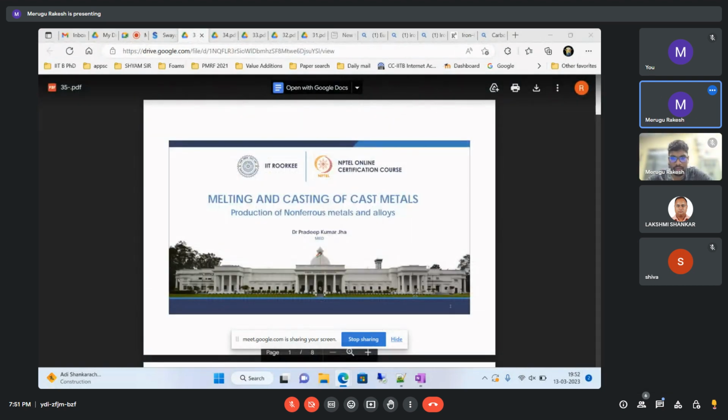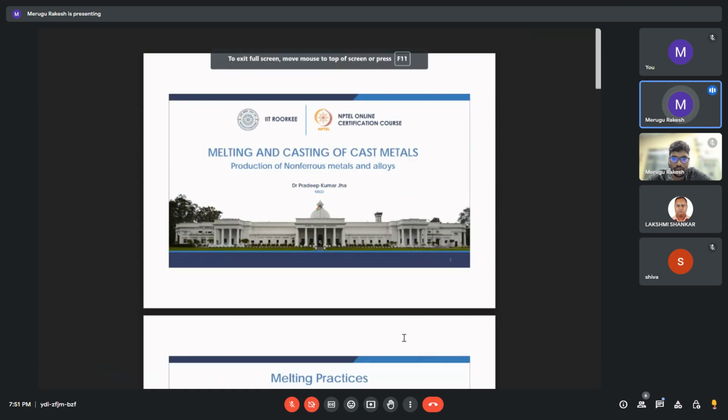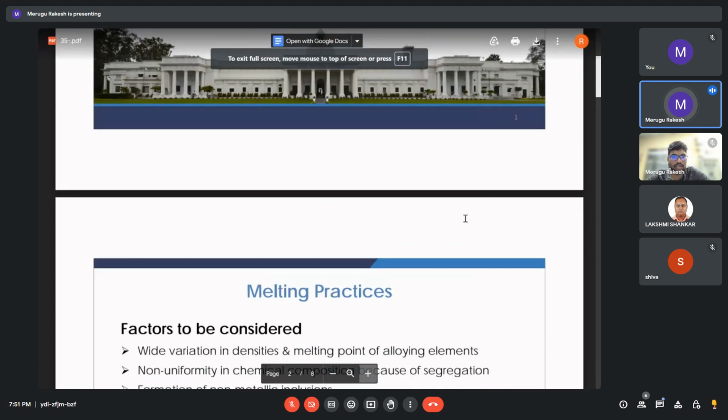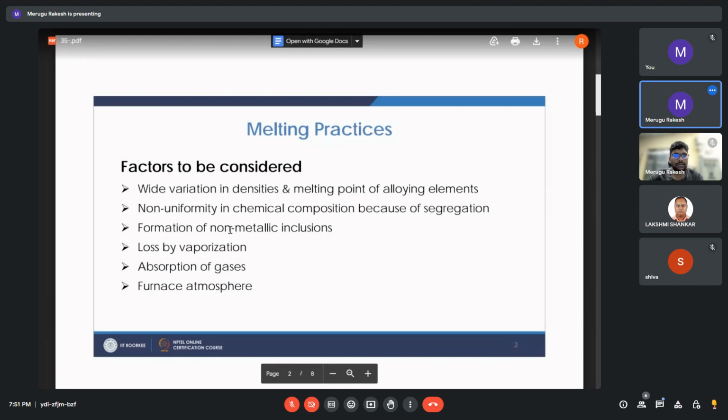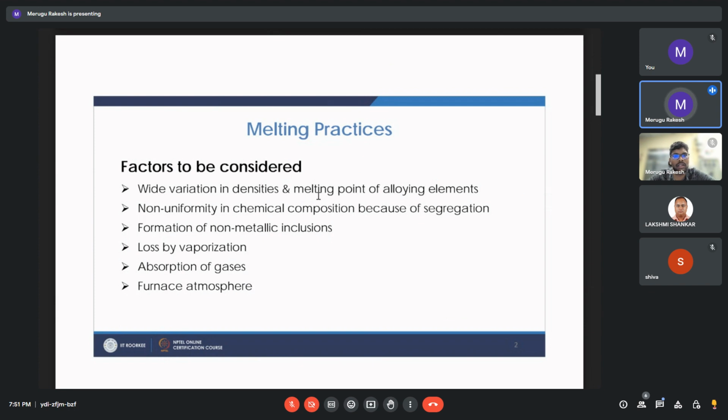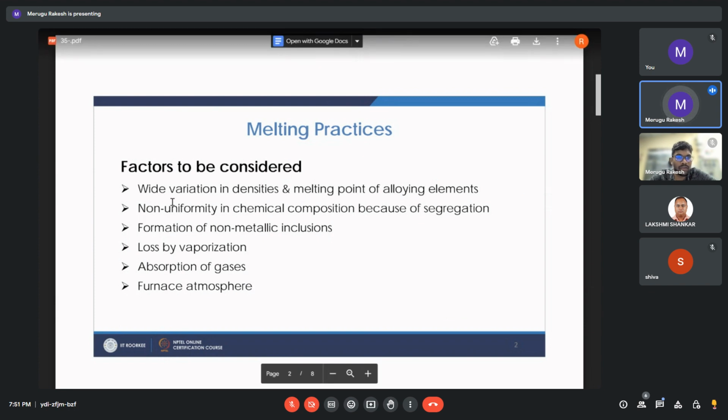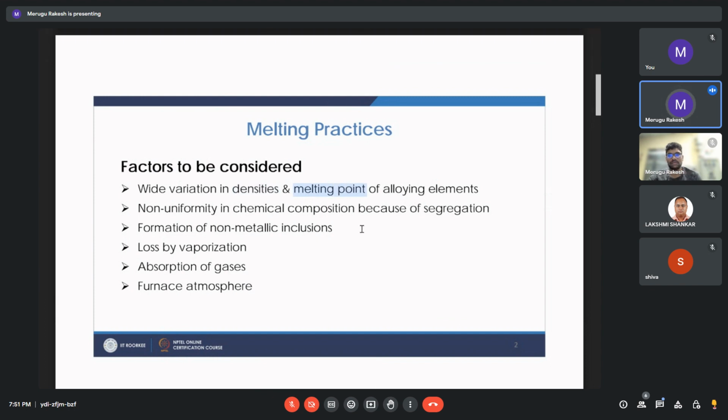Okay, is it visible? So this is about non-ferrous alloys. We need to worry about the various densities as well as melting points of alloys.